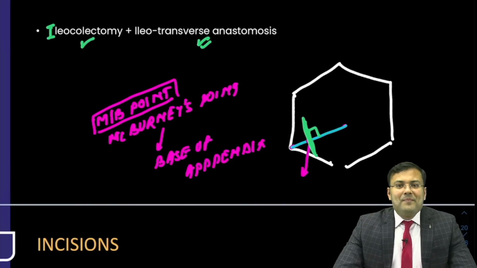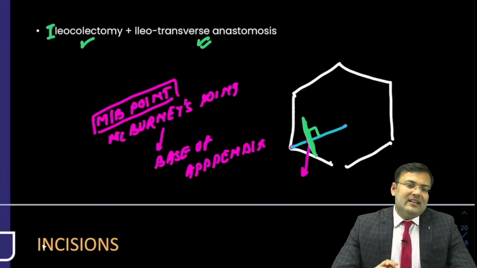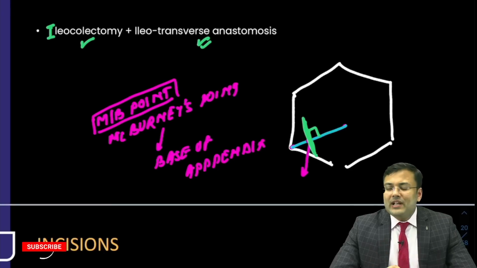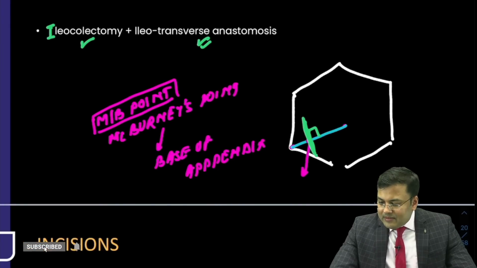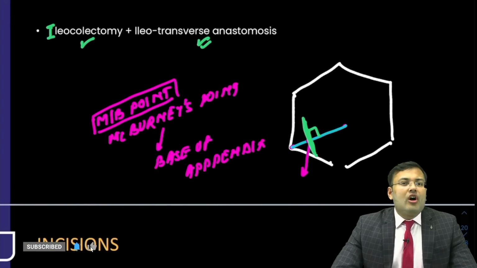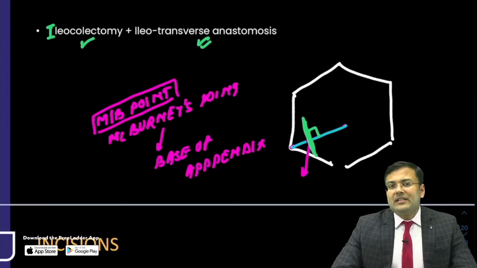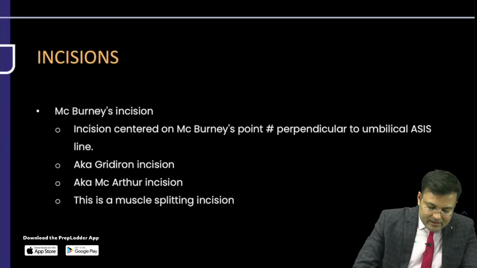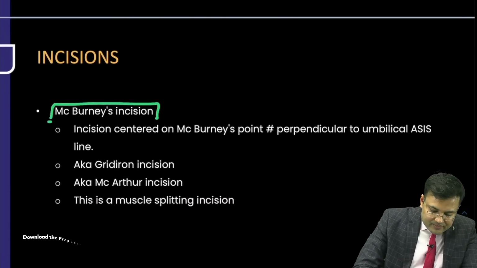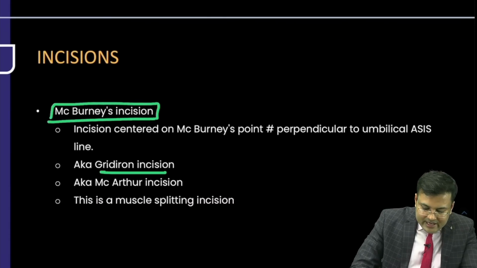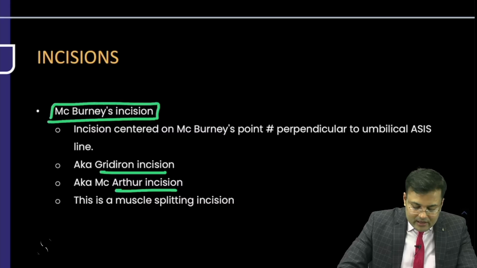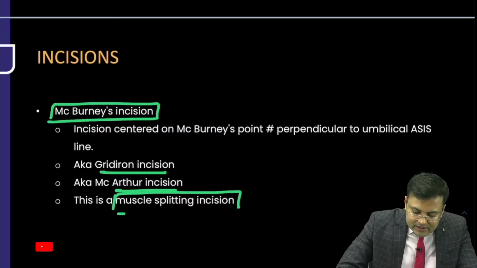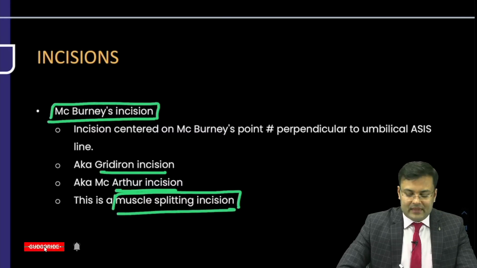McBurney's incision, also known as MacArthur incision, also known as gridiron incision. And all of you know that this is a muscle splitting incision. What you have to remember, this is a muscle splitting incision.